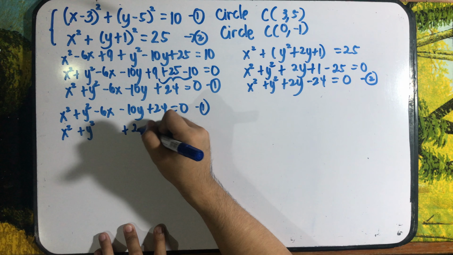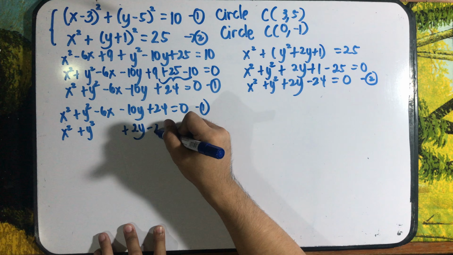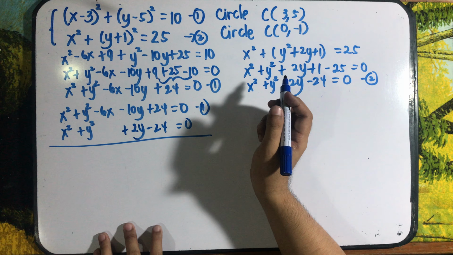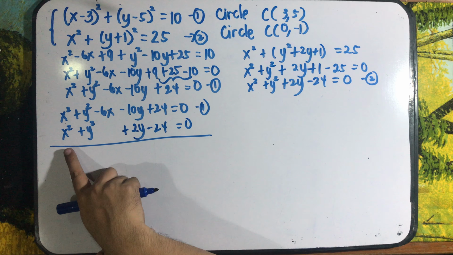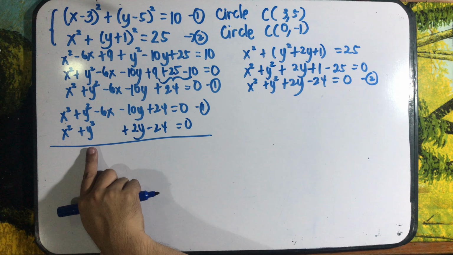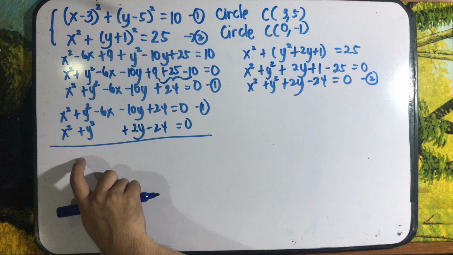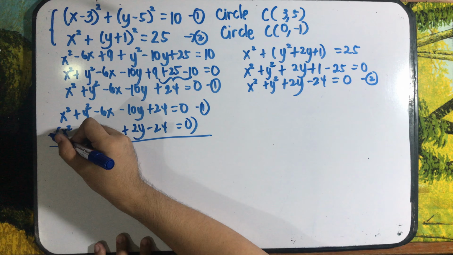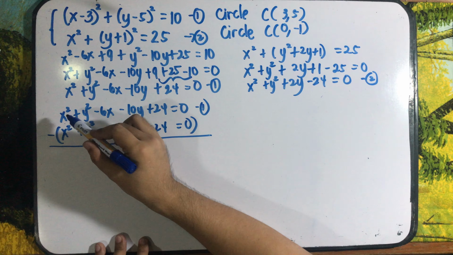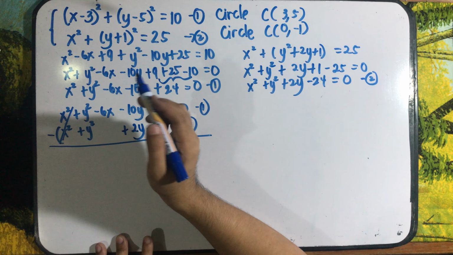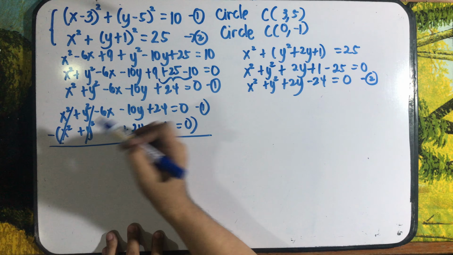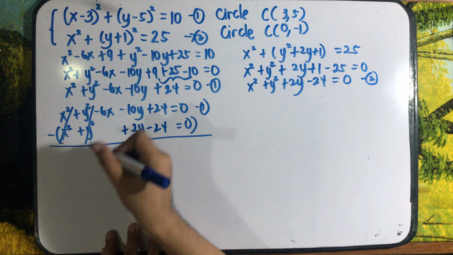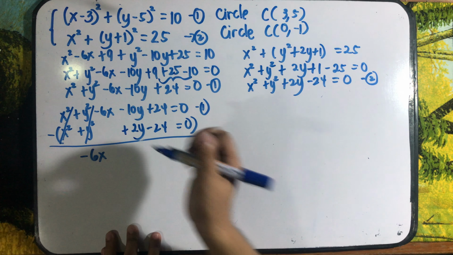This becomes plus 2y minus 24 is equal to 0. In this case, we have x squared, y squared, x squared, y squared, so all we have to do is subtract. So x squared minus x squared cancels out. y squared minus y squared cancels out. Negative 6x minus nothing, therefore that is minus 6x.